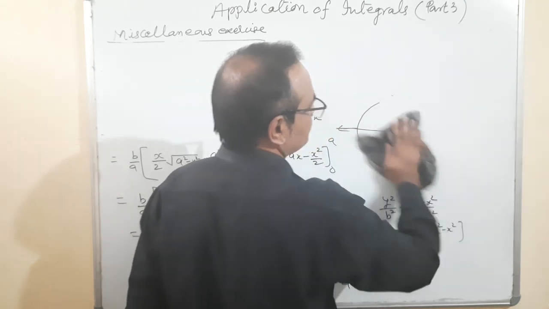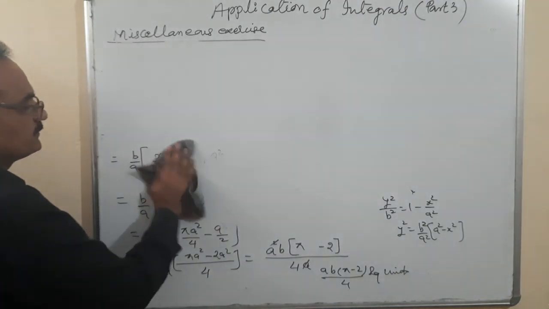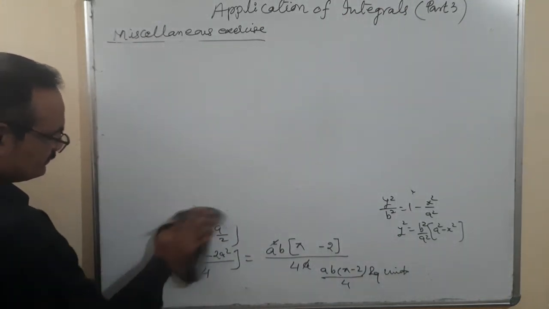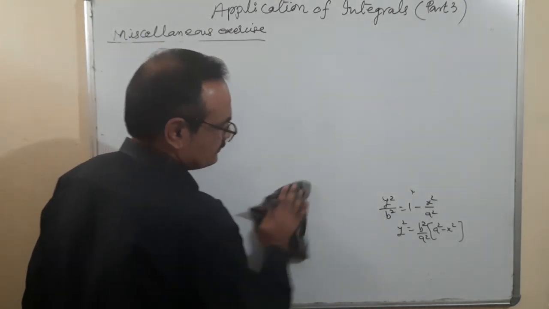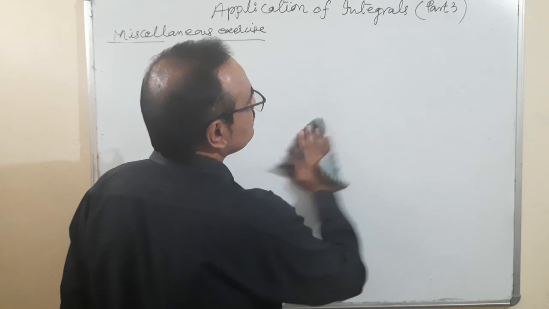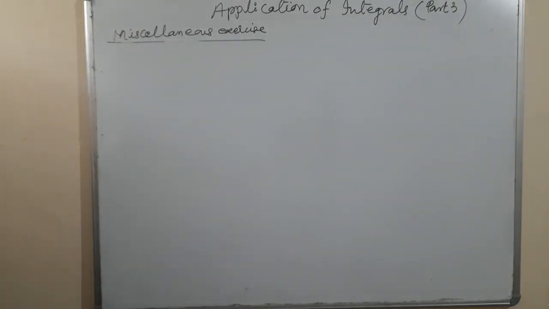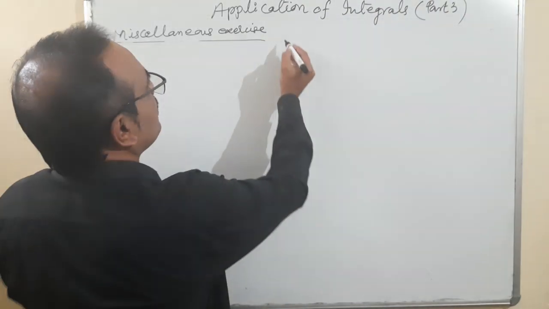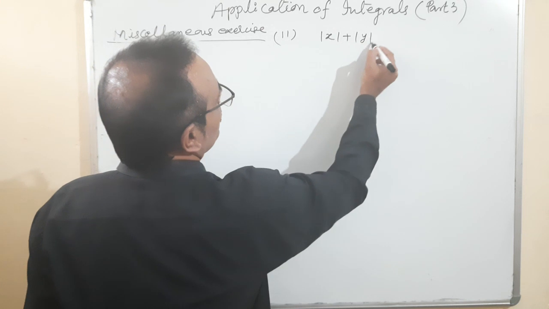Okay. Mod x plus mod y is equal to 1. Question number 11, mod x plus mod y is equal to 1.